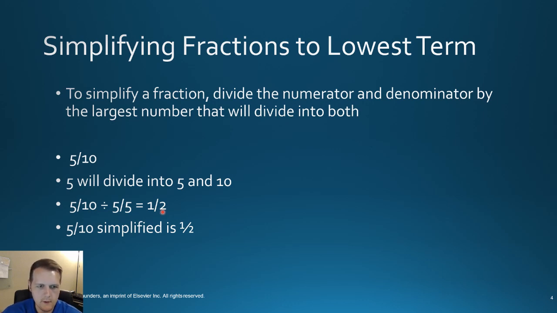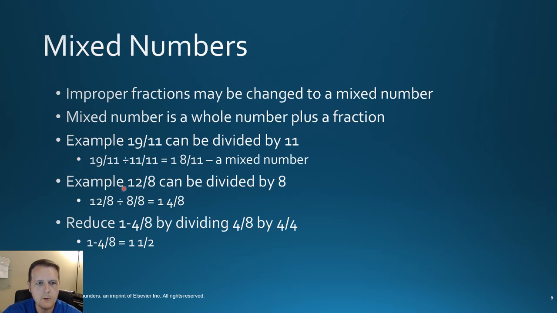Now, when you're dealing with mixed numbers, improper fractions can be changed over to a mixed number, where you have the whole number plus the fraction itself. So in this case, if you had 19 over 11, you can divide out by 11, and you end up having 1 and then 8 over 11 as your remainder.